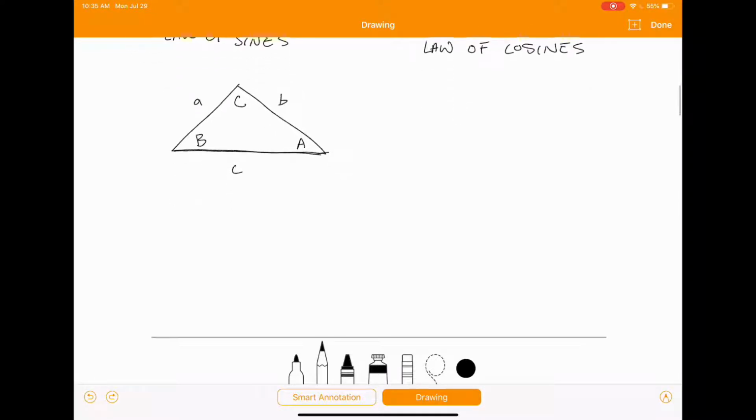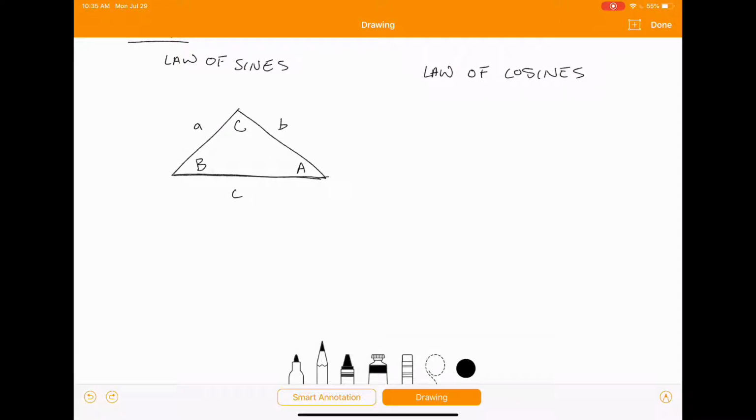So the law of sines says that the sine of A over the distance A is equal to the sine of B over B, or any combination thereof. So the sine of some angle over its corresponding distance is equal to the sine of a different angle on that triangle over its corresponding distance.